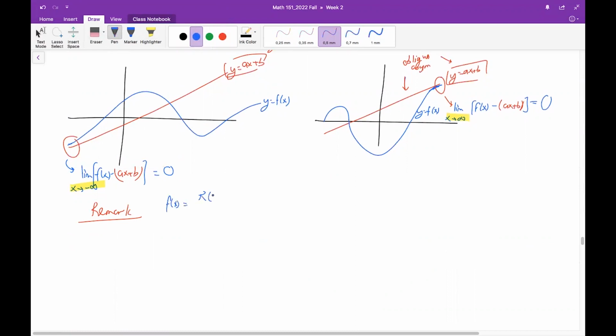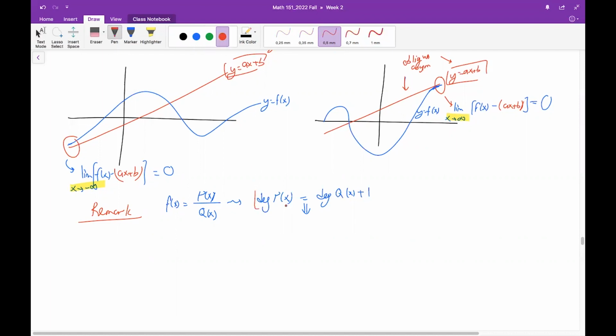Let's say you have a rational function like this, p(x) over q(x). If you look at the degrees, okay? If the degree of the numerator function p(x) is one greater than the degree of q(x) like that, so if the degree of p is one more than the degree of the q polynomial, then this means that there is an oblique asymptote.